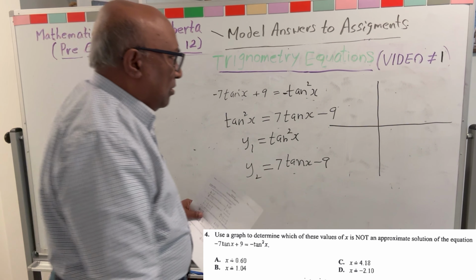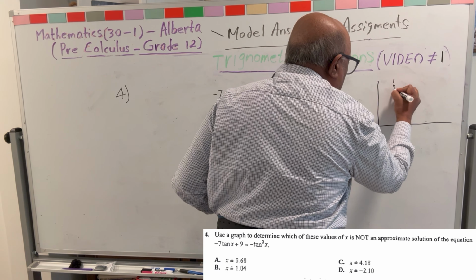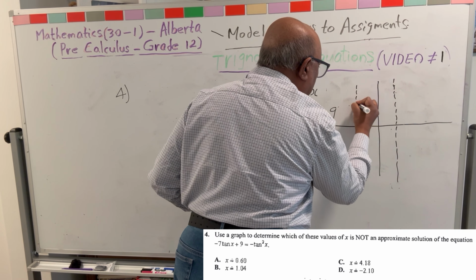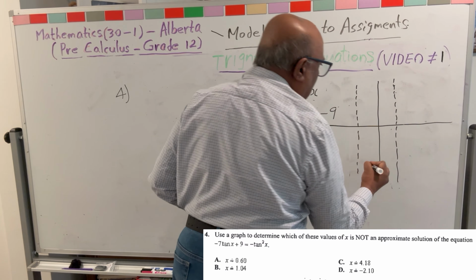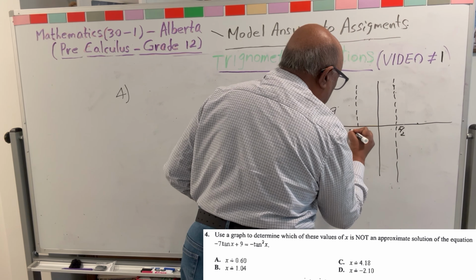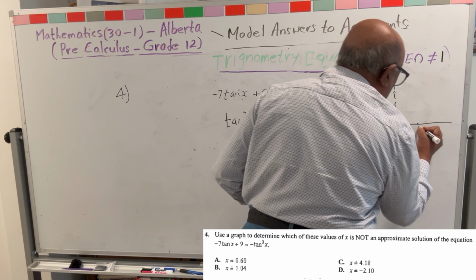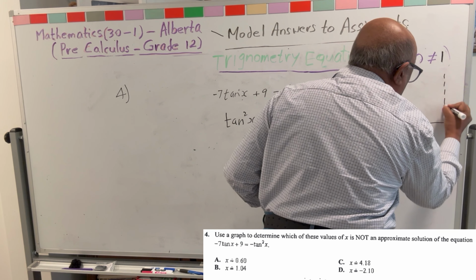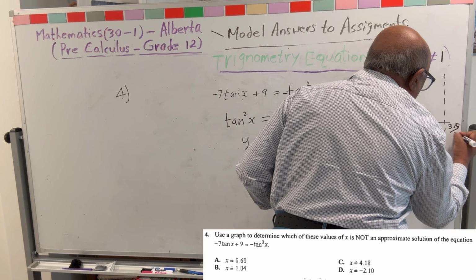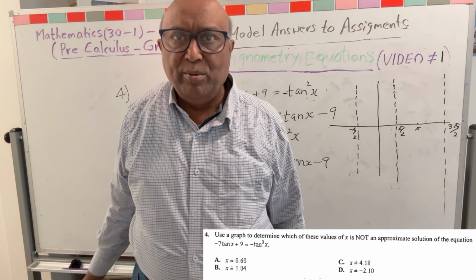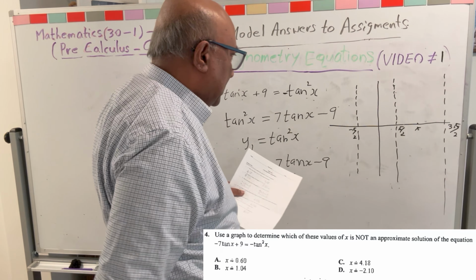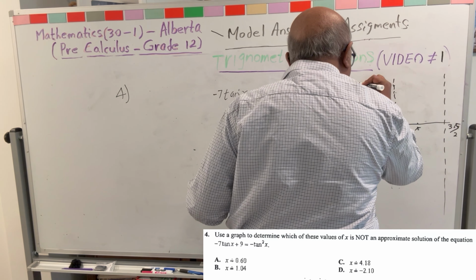I think when you do tan squared x, I will do a rough sketch. I am drawing this manually. When you input this into the graphing calculator and press graph, y1 looks like this, an approximate shape.